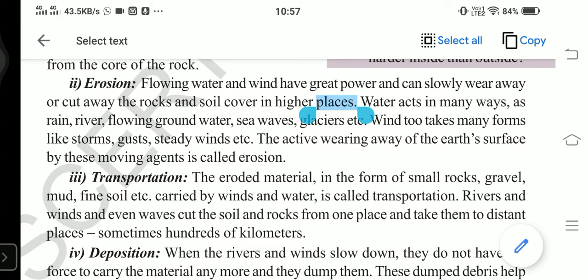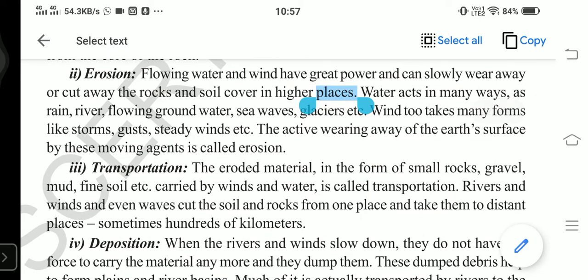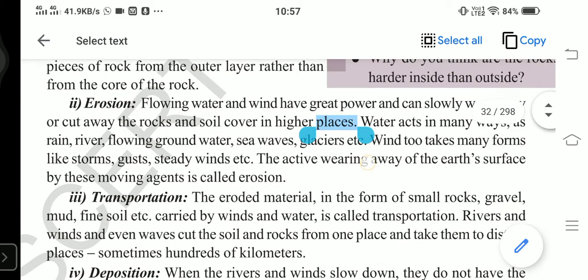Rivers and winds and even sea waves cut the soil and rocks from one place and take them to distant places. Sometimes they may take them hundreds of kilometers, my dear students.